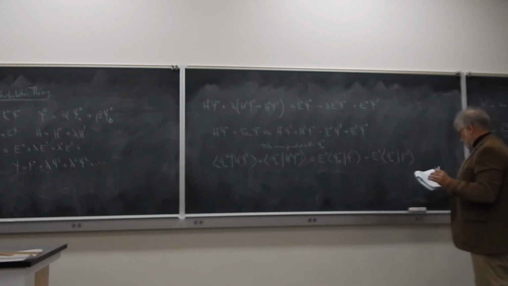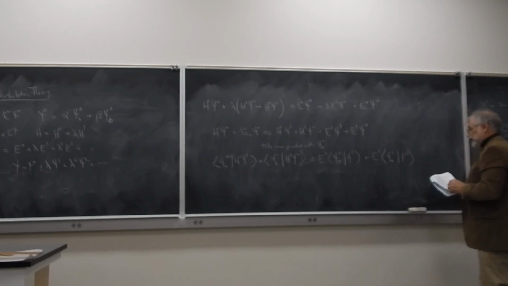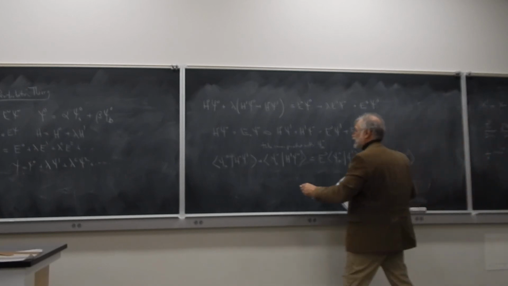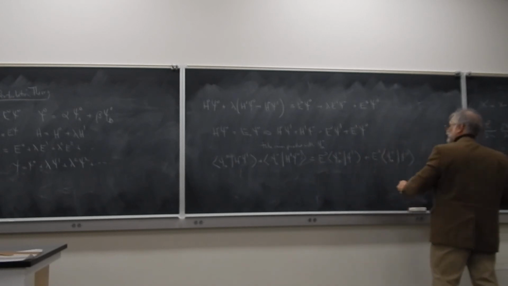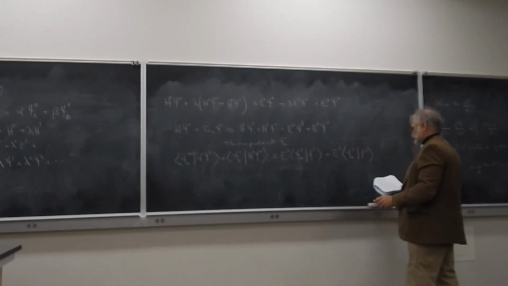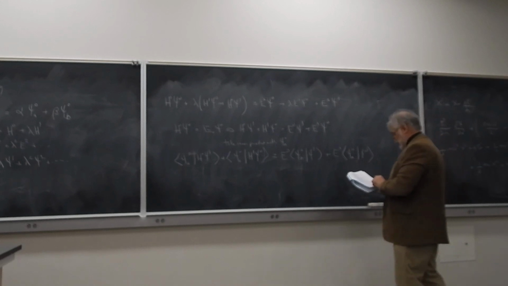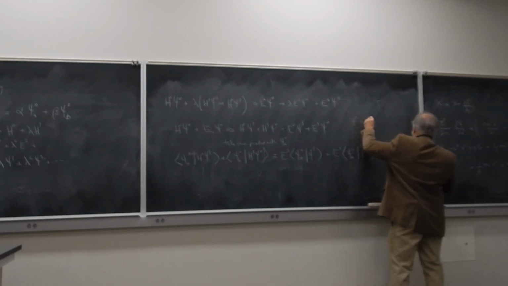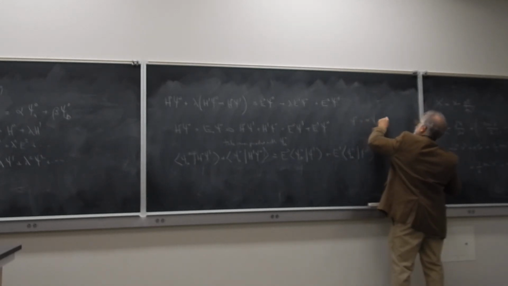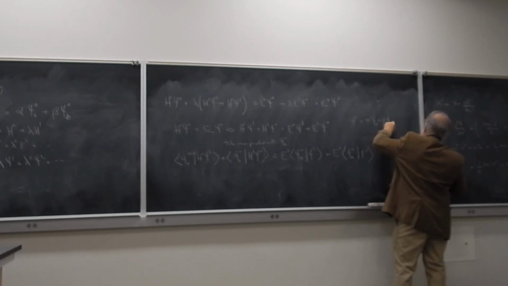Now, since H naught is Hermitian, the first term on the left-hand side should cancel the first term on the right-hand side. And remember, we had said that psi 0 we're going to write as alpha psi A0 plus beta psi B0.